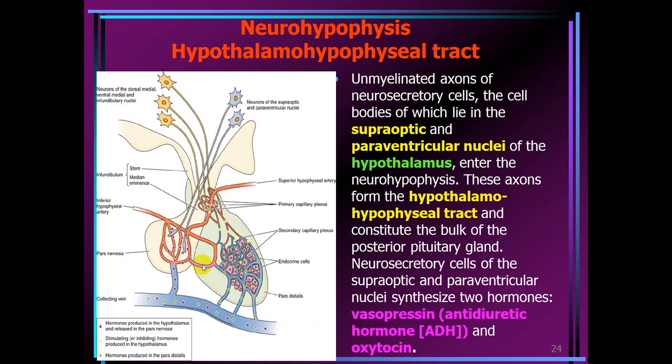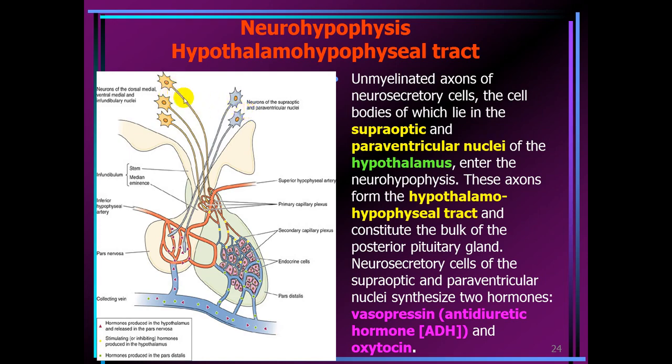Now you again see the same picture as in the beginning of the lecture, the correlation between the hypophysis and hypothalamus. As I said, the nucleus of the anterior hypothalamus has multipolar neurosecretory neurons, which form two nuclei, supraoptic and paraventricular nuclei.